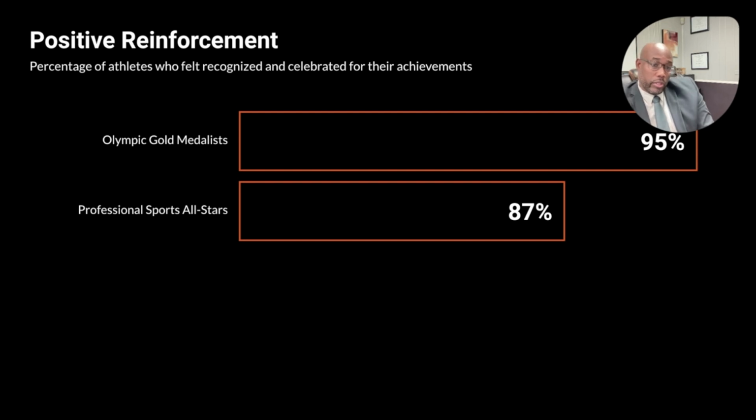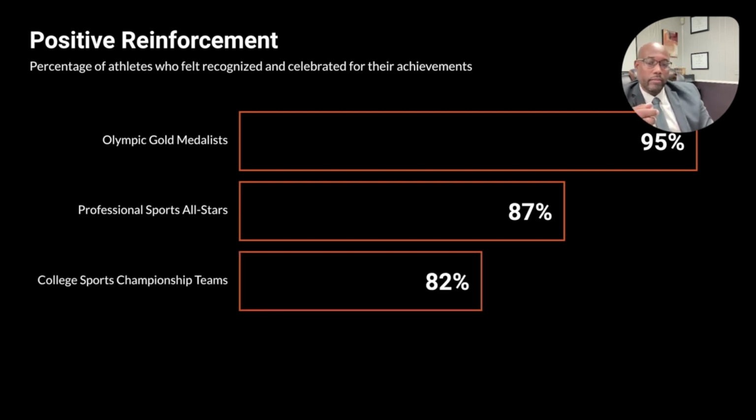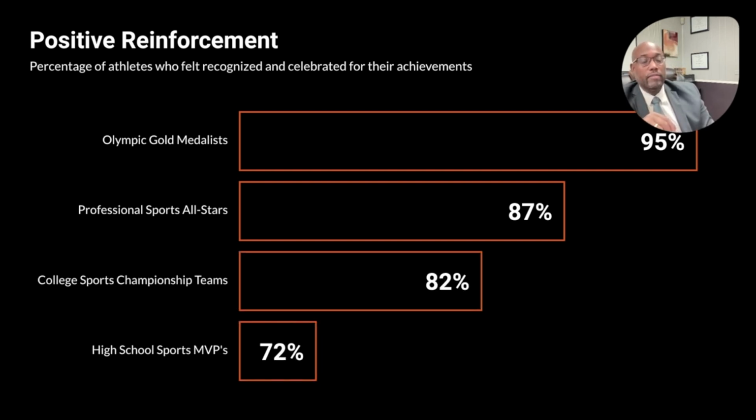Professional sports all stars, 87%. College sports champions, 82%. High school sports MVP, 72%. So what you see is there's a positive correlation between success on the field and positive reinforcement. I believe the same is true for our students as well.